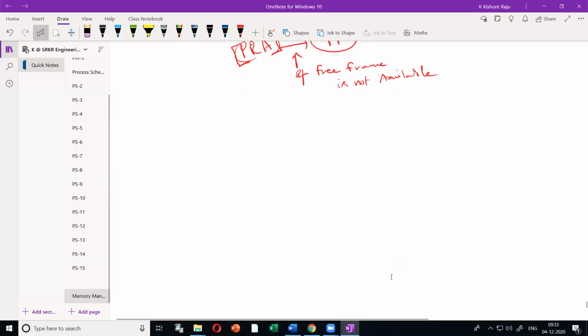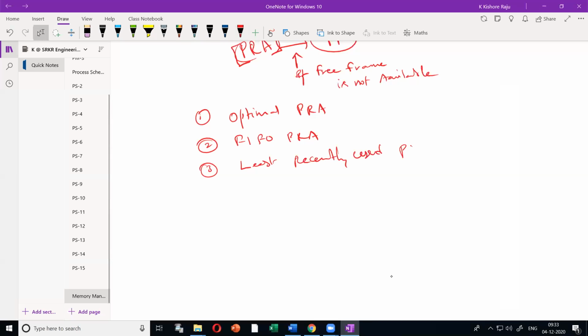One is the optimal page replacement algorithm. Second one is the first in, first out page replacement algorithm, and the third is the least recently used page replacement algorithm. So these are the basic page replacement algorithms.